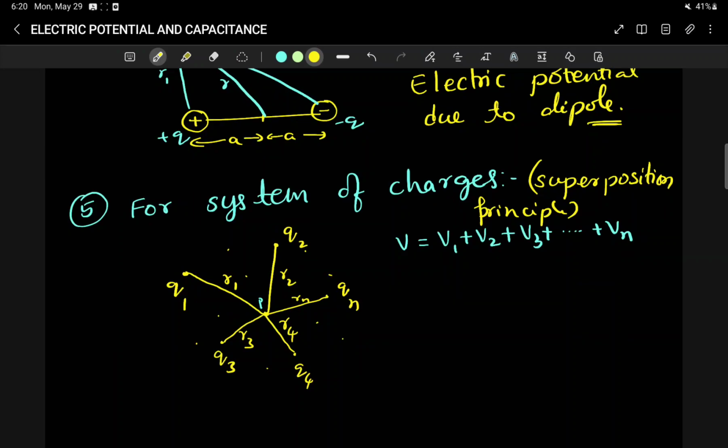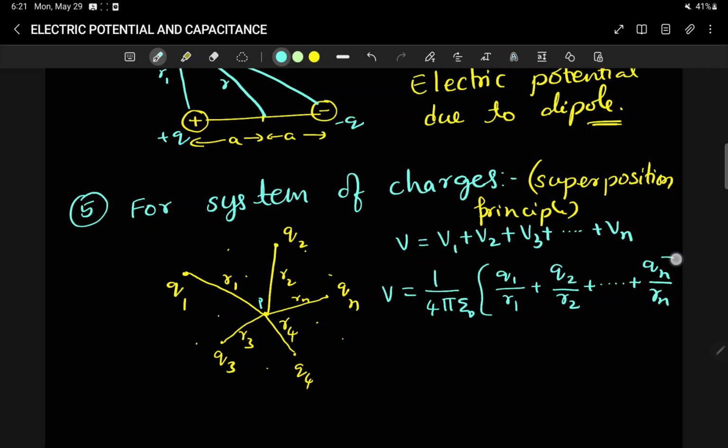Next we have V equals, what is V1? 1 by 4 pi epsilon naught q1 by r1, right? And what is V2? 1 by 4 pi epsilon naught q2 by r2. Like that we get many terms. So let us take common in all of them 1 by 4 pi epsilon naught. The remaining I am left with this concept. In the superposition principle you will learn this.